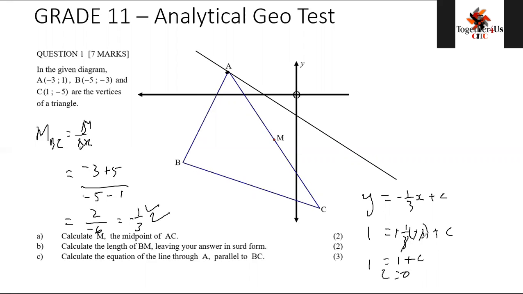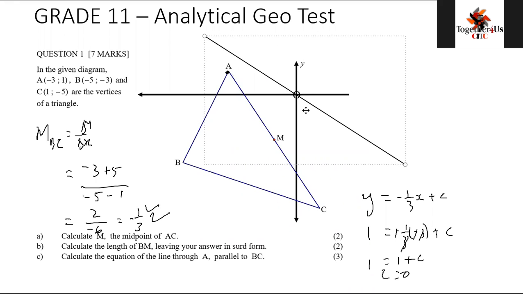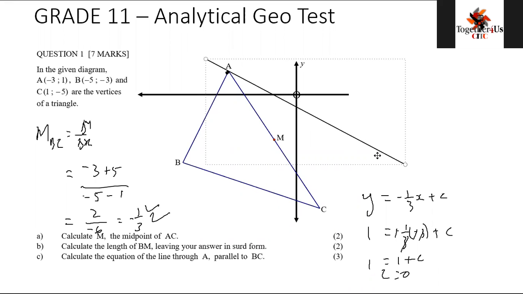As a matter of fact, what is surprisingly interesting is that there is no y-intercept. The y-intercept is 0. That means, if correctly drawn, this line passes through the origin, and it goes somewhere there.